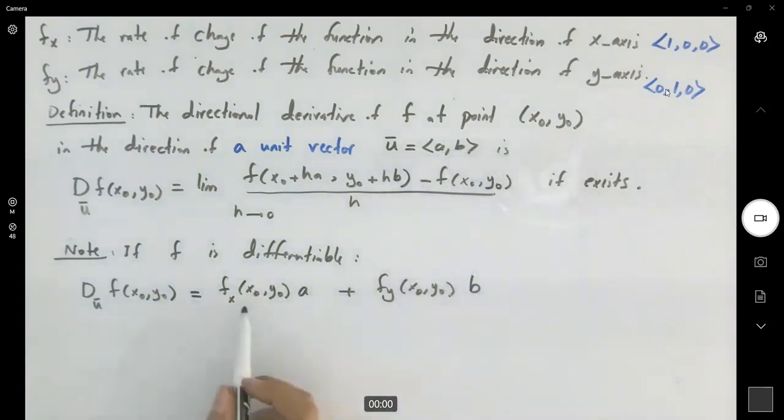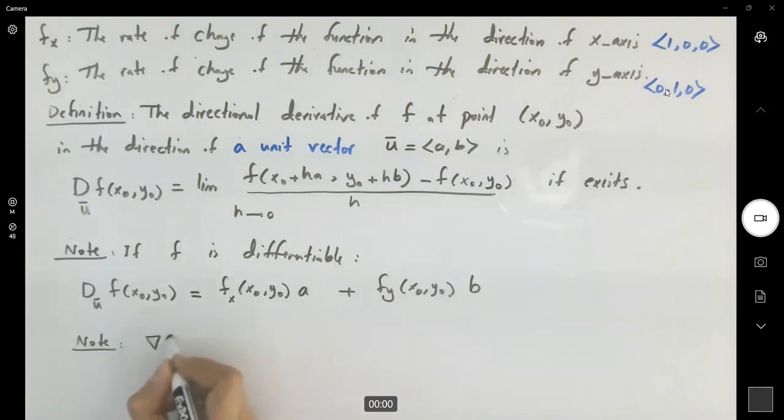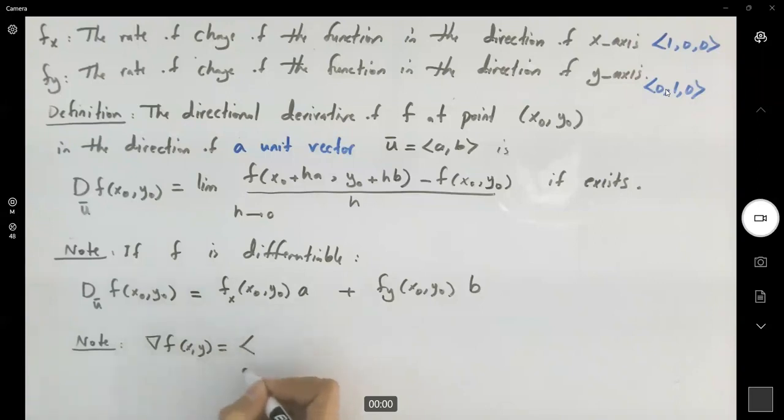It happens that f of x and f of y represent a vector function that we call the gradient of function f. So nabla f, the gradient of function f at any point, is a vector function.